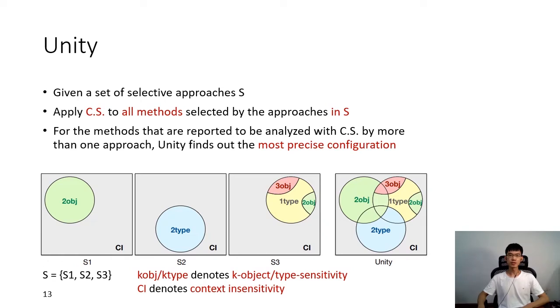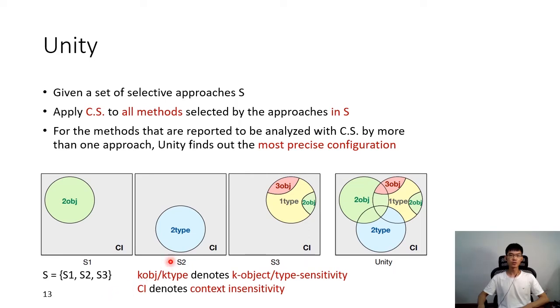Given a set of selective approaches, say S, Unity applies CS to all methods selected by the approaches in S. For example, here, these squares represent all the methods in the same program, and S consists of 3 selective approaches, S1 to S3, and each approach selects part of the program to be analyzed with certain context sensitivity variants.